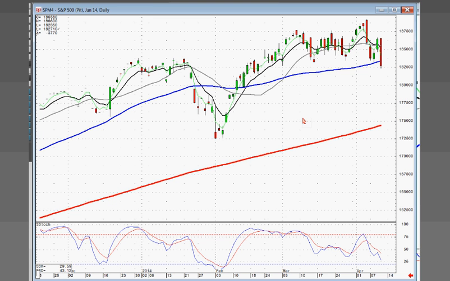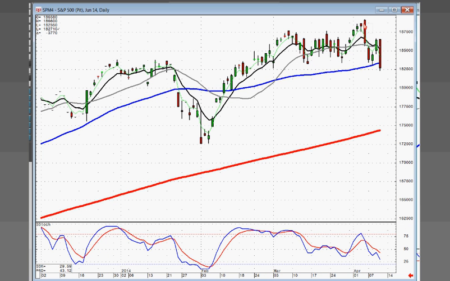But as you can see, it's just as easy to see when the sell signals are coming in to the S&P 500. There's a left-right combo. There's a bearish engulfing. There's gaps to fill down here on the S&P 500, which would kind of correlate with hitting the 200-day moving average.